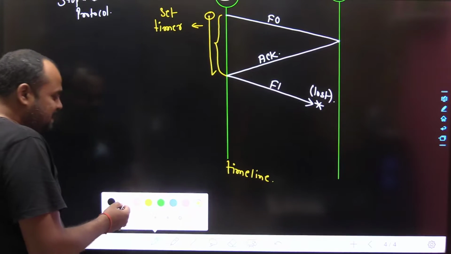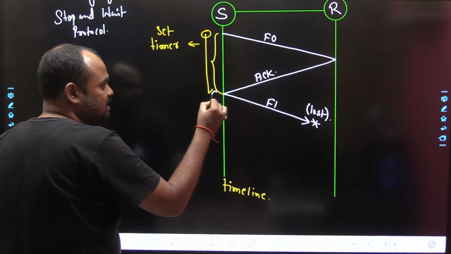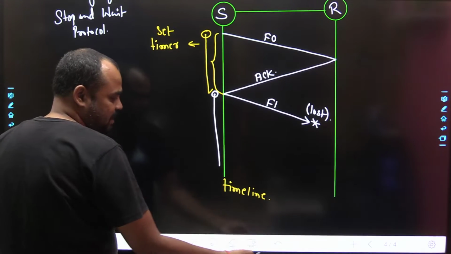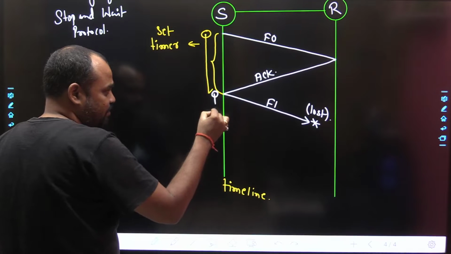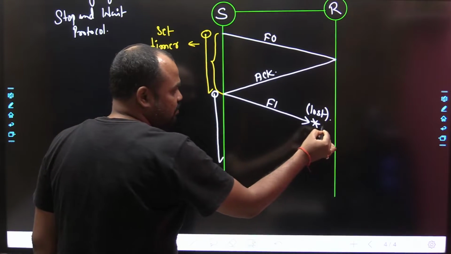So what basically happens is, whenever the sender transmits a frame, it starts a timer. After some time, this timer will time out. Yes or no?